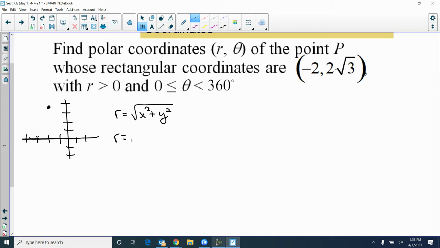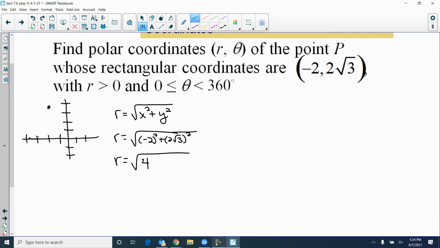And so you get r equals the square root of negative 2 squared plus 2 radical 3 squared. All right, I'll give you negative 2 squared is 4.